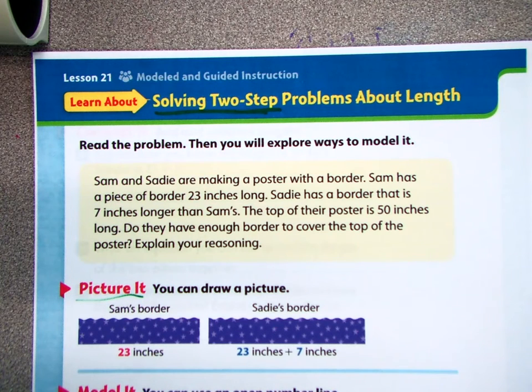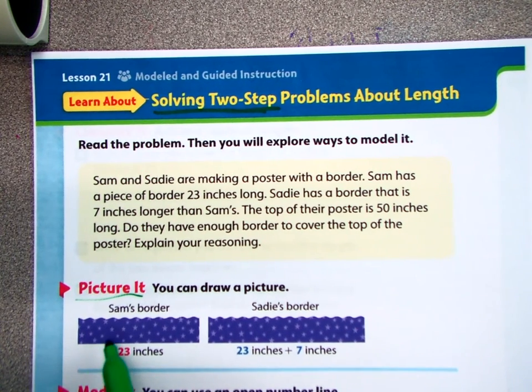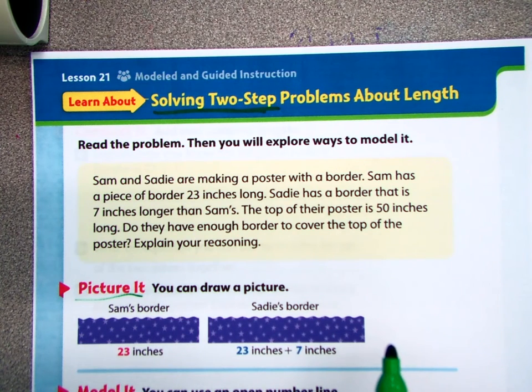Okay, just like using a counter when you first started doing adding and subtracting, okay? Well, they drew a little picture of a border here. And it first says that Sam has a piece of border that's 23 inches. Then it says that Sadie's border is 7 inches longer than Sam's.